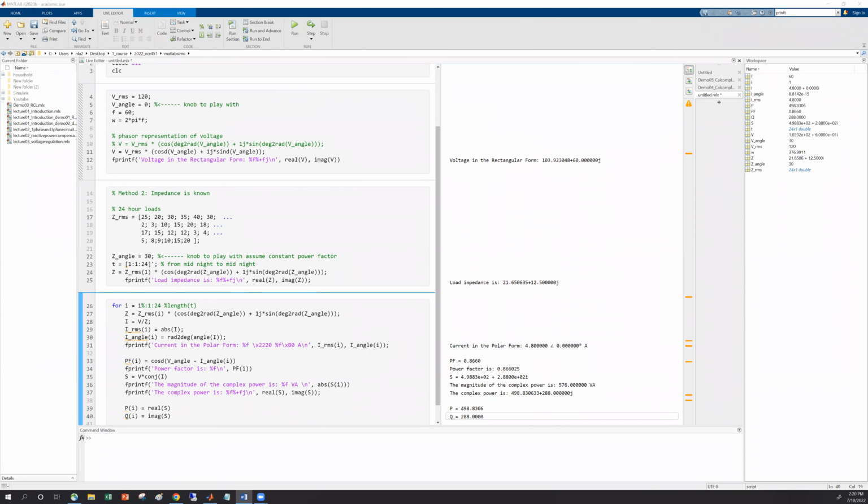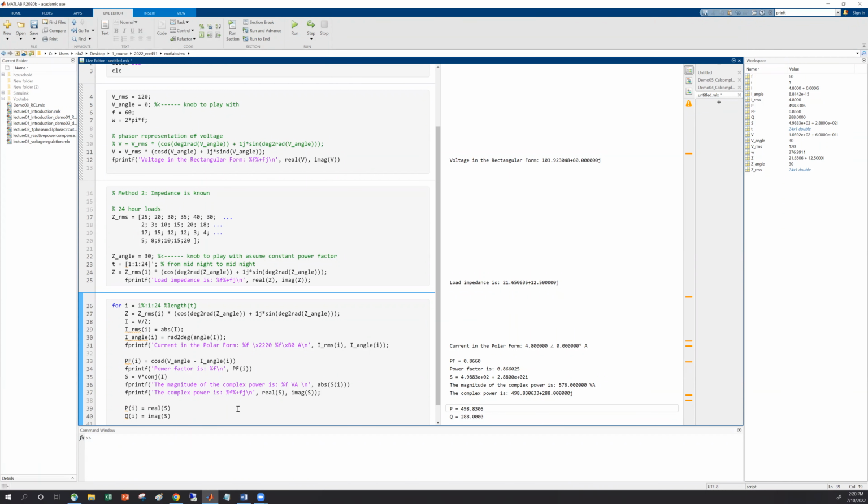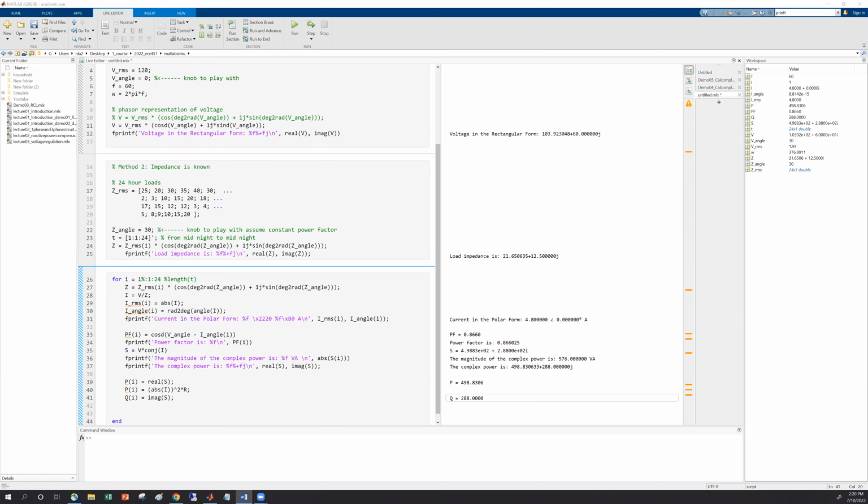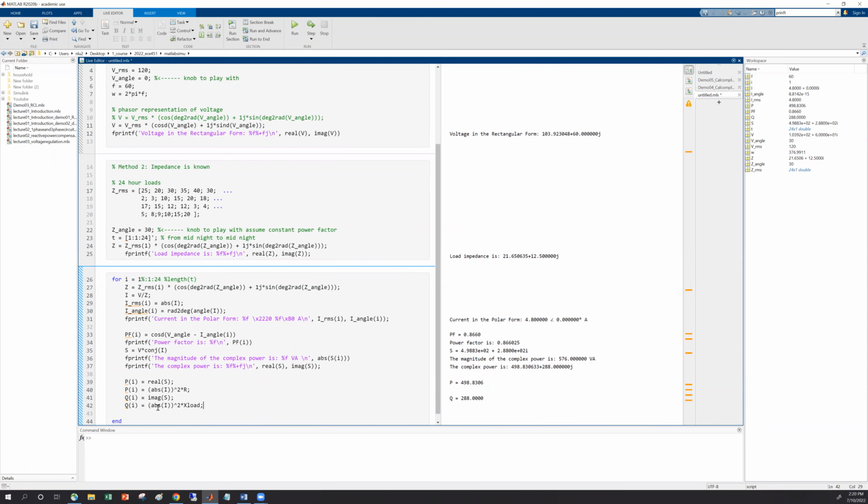The other thing you can do is you can actually compute the P by doing this. This is also okay. I'm going to show you an alternative way of doing that. You can use the current magnitude, the square of it times R. That will be our real power, or you can use the magnitude of I, because you remember when we mentioned that a sine wave can be equivalent to the DC, right?